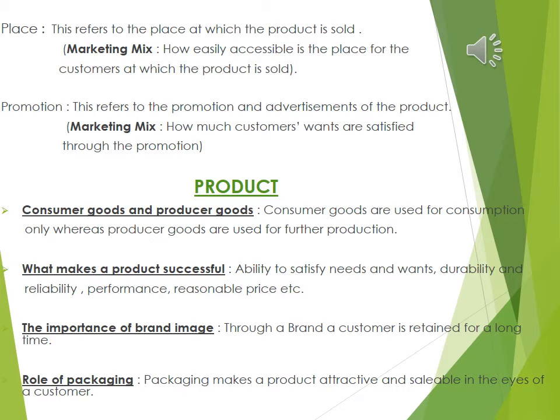For example, machinery, tools, etc. All the goods that are used to produce further goods and services come under the category of producer goods, and all those goods that are used for consumption, that are produced only for being consumed itself, are consumer goods. Okay? Right.